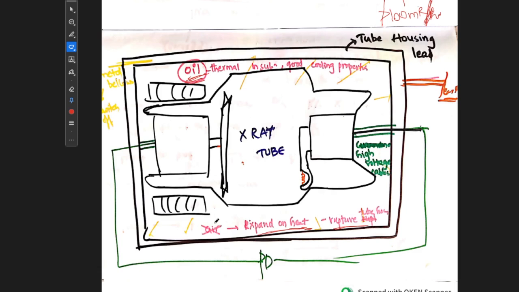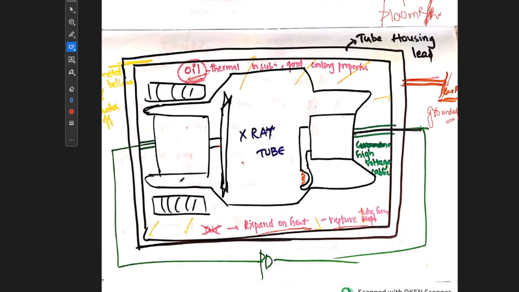So we should make sure that there is no air inside the tube housing. Next, one more important thing is that the tube housing is grounded, that is, it is attached to the ground or the earth.